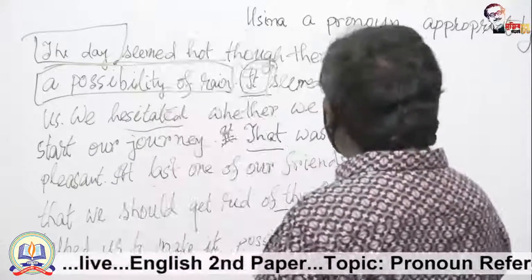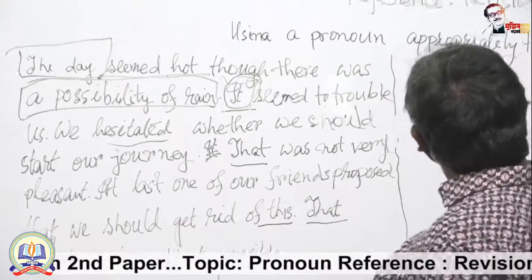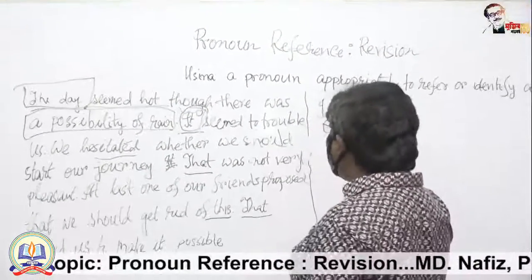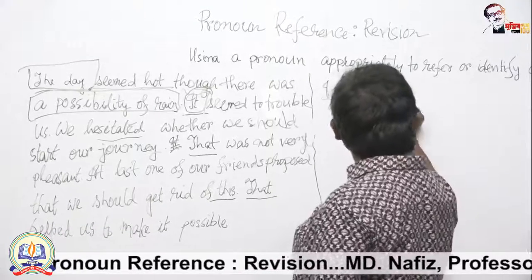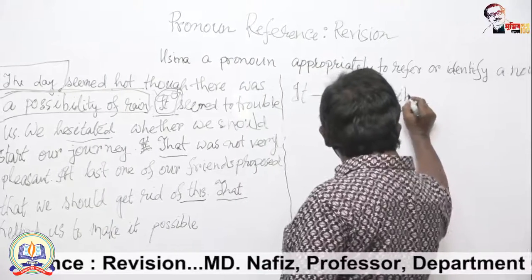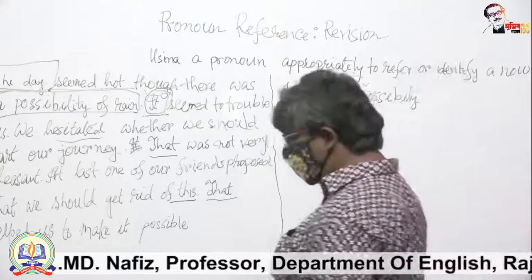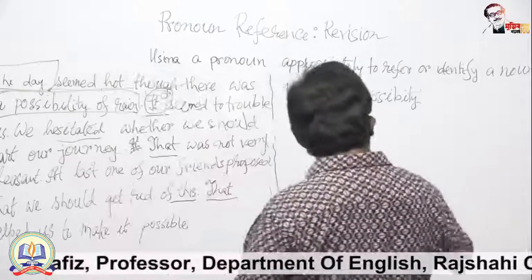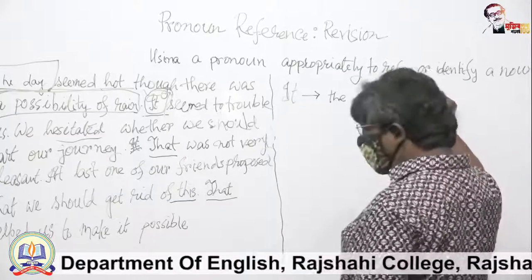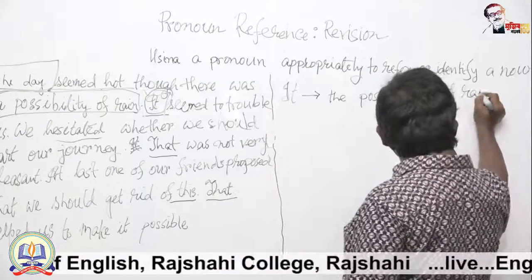So, you need to replace the pronoun it with the noun phrase used in the previous sentence, the possibility of rain.